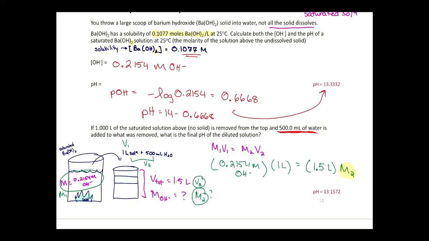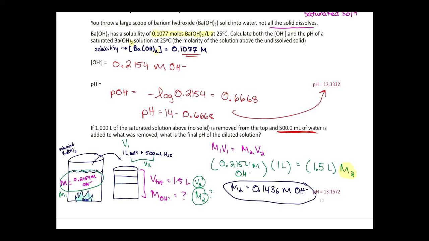So 0.2154 divided by 1.5, I get that the new concentration of the diluted solution, M2, is equal to 0.1436 molarity, and this is of hydroxide. Because the number I put inside this M1V1 calculation is also hydroxide. All right, that's not our answer.